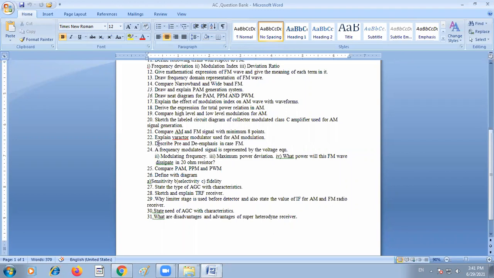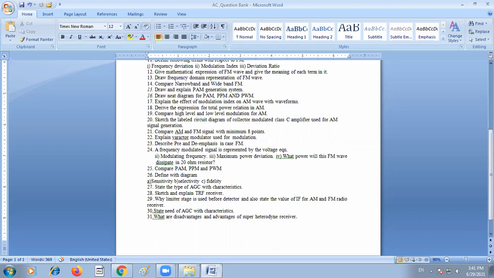And the next one is explain varactor modulation method in AM. Sorry, it is the varactor modulation method, where is it used? Not in AM. It is FM there. So the question itself is some sort of wrong, no?